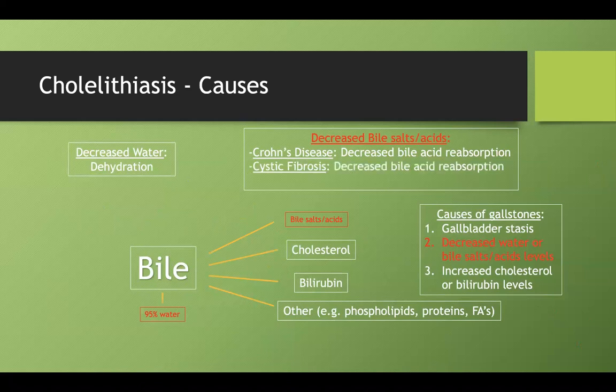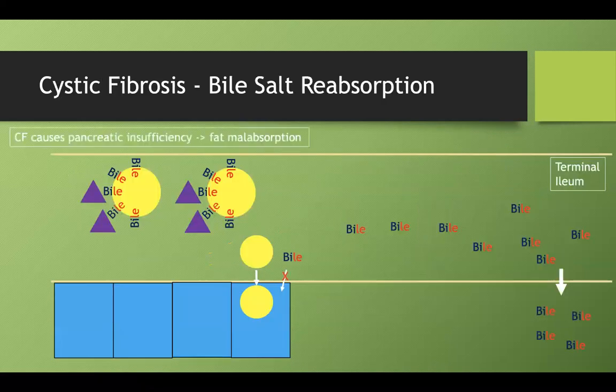Cystic fibrosis can also cause decreased bile acid reabsorption. What's happening here is that in cystic fibrosis, oftentimes there's a lot of viscous fluid in your pancreatic duct, which we talked about, and that's why it's one of the common causes of pancreatic insufficiency. So if we don't have enough pancreatic lipases in our duodenum or in our GI tract in general, we aren't even able to break down these fat globules into these smaller micelles.